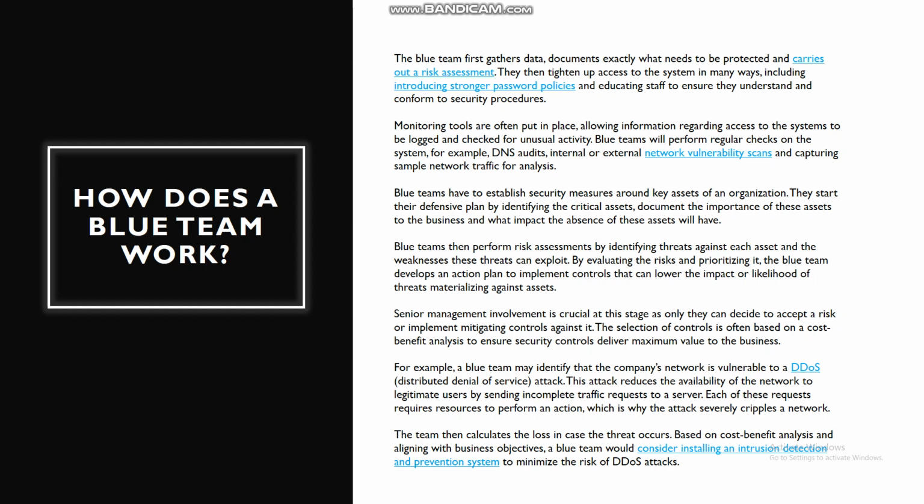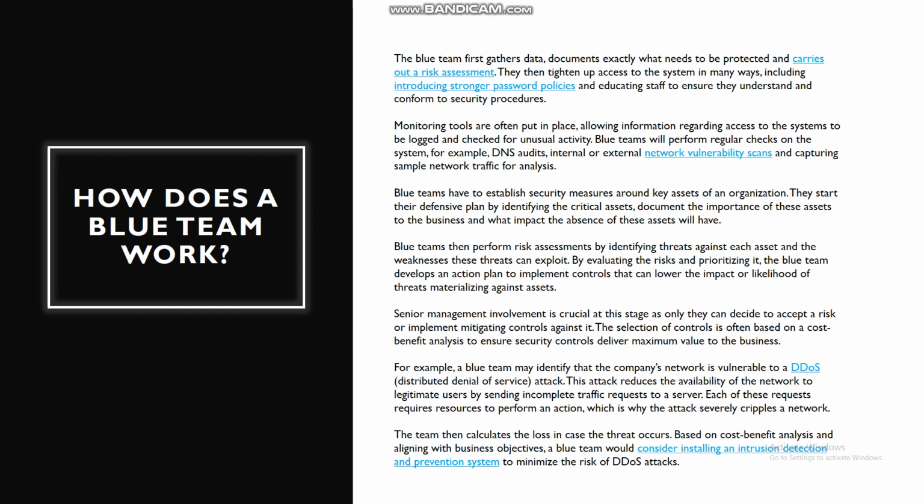So let's see, for example, a blue team may identify the company network is vulnerable to DDoS. DDoS stands for Distributed Denial of Service attack. This attack reduces the availability of the network to legitimate users by sending incomplete traffic requests to a server.